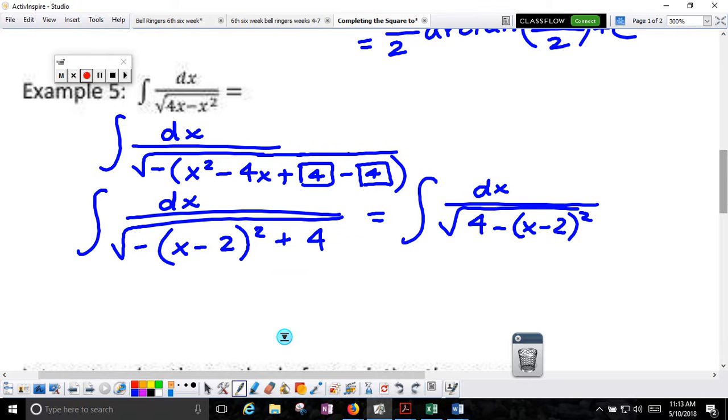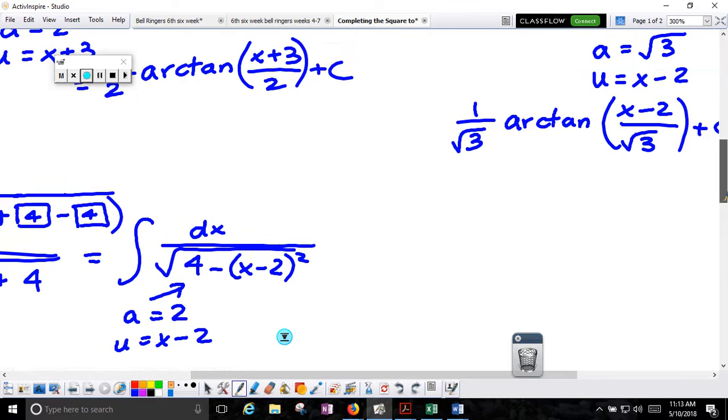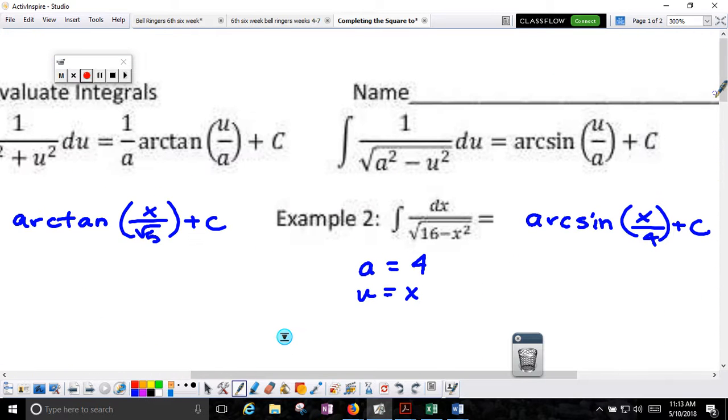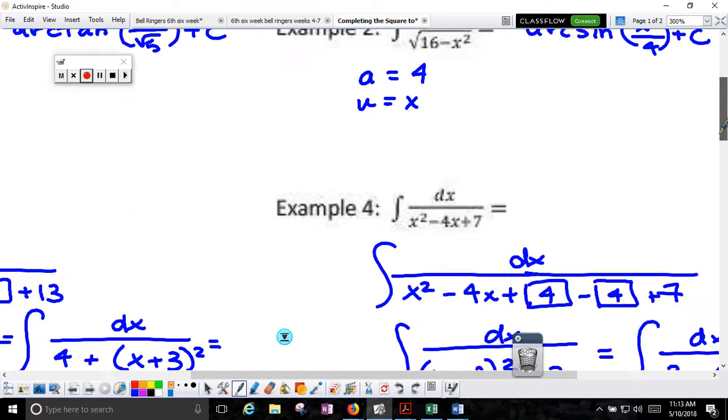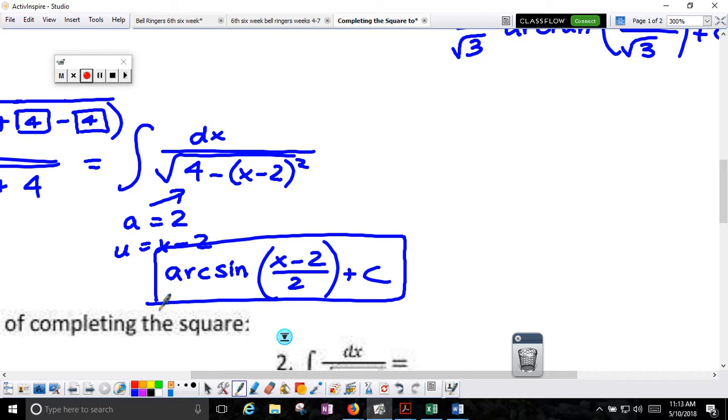Okay, so I think we probably can identify our a is 2 and our u is the x minus 2. So let's refer back to our formula. So let's compare. Okay, I think we are correct. And our antiderivative is just going to be arcsine of u over a plus c.